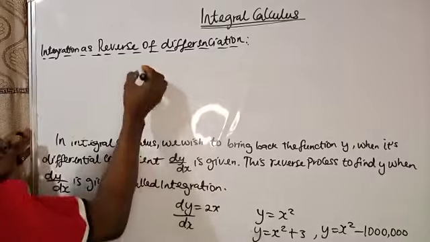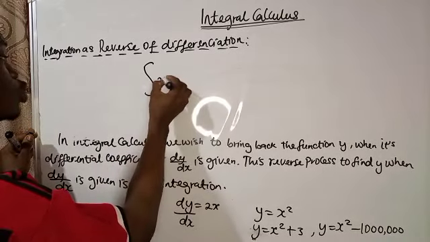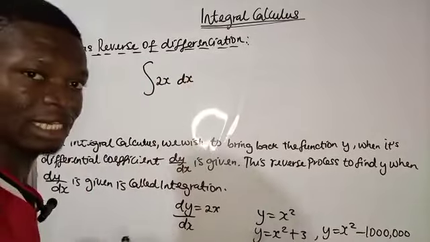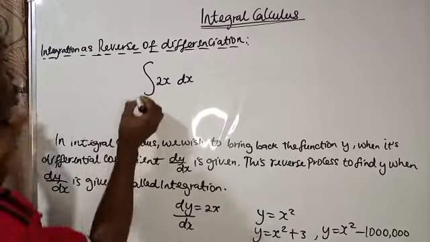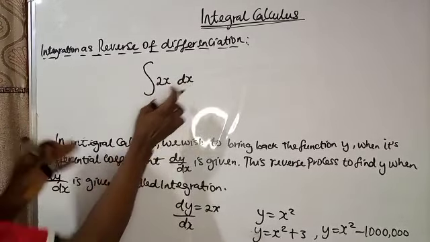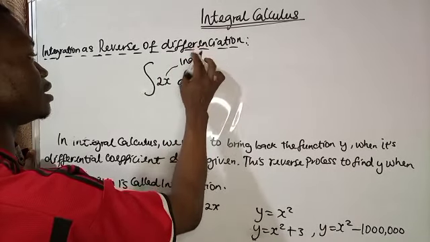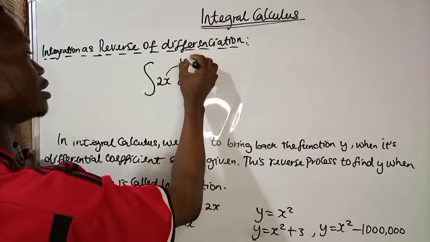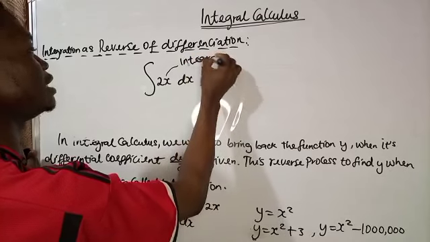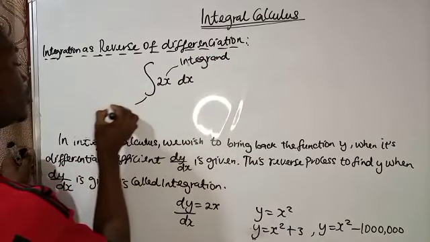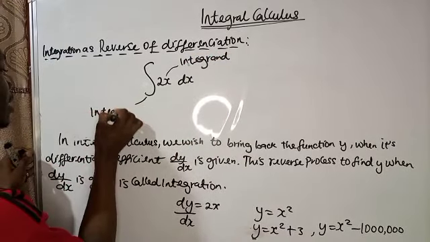So if I say the integral of 2x dx, remember that this thing is the integral of 2x dx. This is the integrand, and this is the integral sign. Then the solution we will get is the integral.